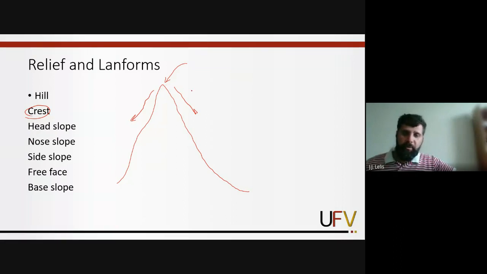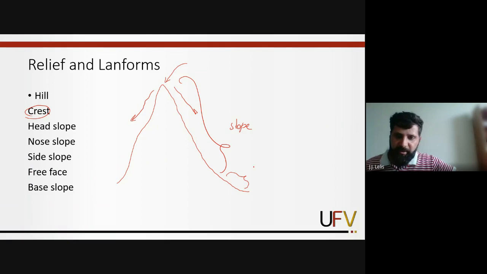Okay. We have, of course, the slope, all this area. That's the inclination of the hill, and it connects the crest to this area that is the base slope. The base slope is the area that receives all sediments that are eroded from the crest.